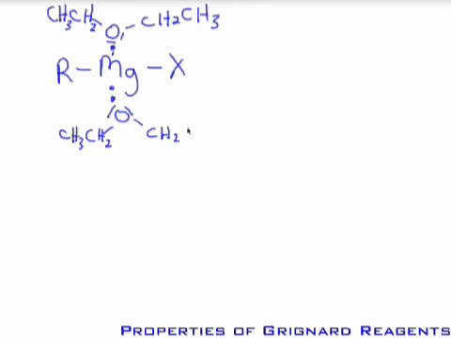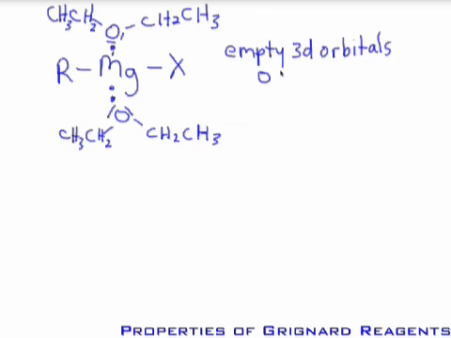Diethyl ether is one of the most common ethers, known to have been used since the 1500s, and is often just referred to as ether. The lone pair of electrons dump electron density into the empty 3d orbitals of the magnesium, helping to stabilize them. Grignard reagents are unstable unless solvated by ether.